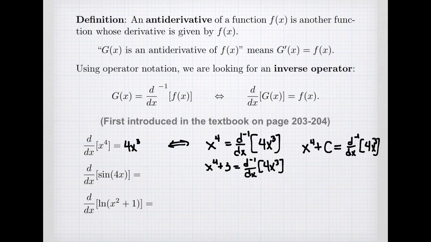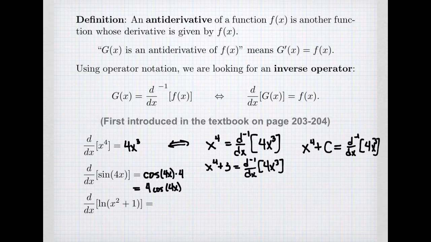Okay, so let's take a look at another example. If I had the derivative of sine of 4x, let's see, we know that the derivative of sine is cosine, but there's a chain rule because it's not just an x in there, so the derivative of 4x is 4. So I find that the derivative of sine of 4x is 4 cosine of 4x.